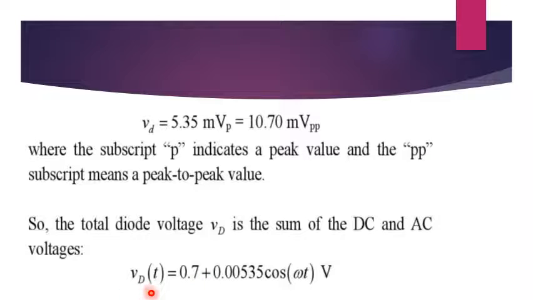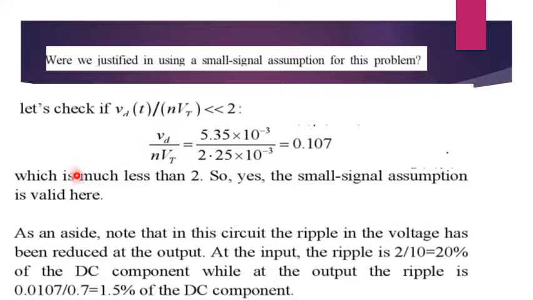So my Vd of t has 0.7 plus 0.00535 cos omega t. Now we will check whether this value is very much less than 2. Yes, Vd over eta Vt. Vt value I told you is 26 millivolt.